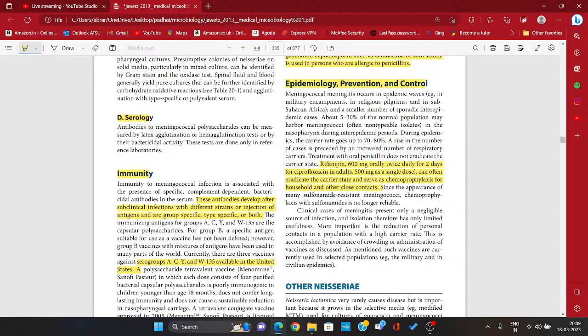This is accomplished by avoidance of crowding or administration of vaccines, as discussed. As mentioned, such vaccines are currently used in selected populations, for example the military and in civilian epidemics.